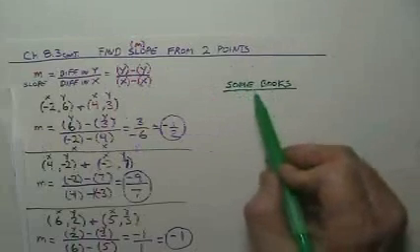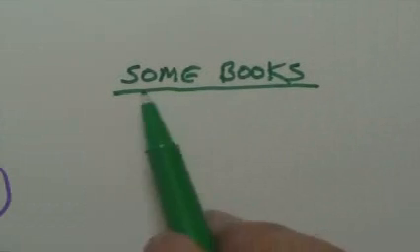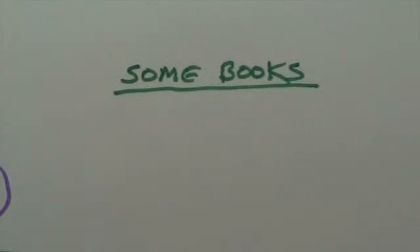Okay, I'm going to write a little note up here in the right-hand corner. Please do the same. I need to show you what it looks like in some books because in the future you'll see it quite often.